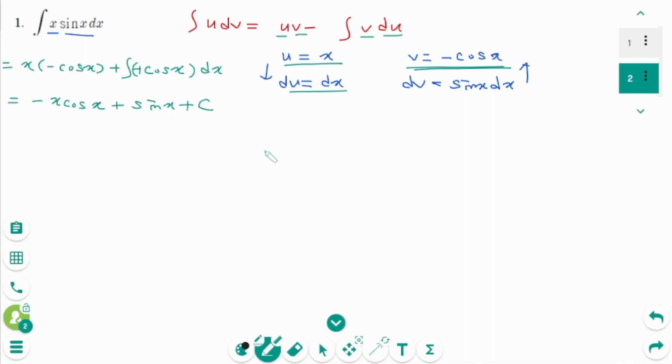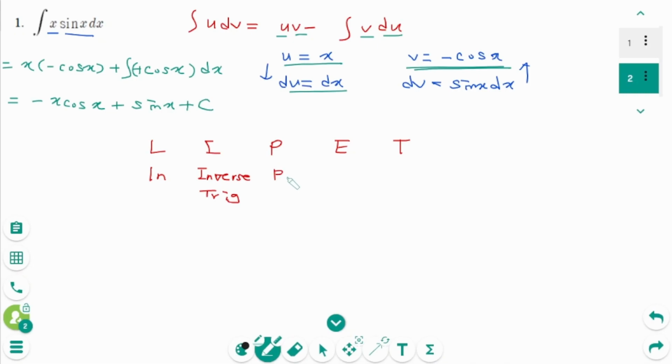Easy, right? But if it's not easy to choose u and dv, there is of course an easier way. This is the order to find u: L, I, P, E, T. L means ln, or log. I means inverse trig.